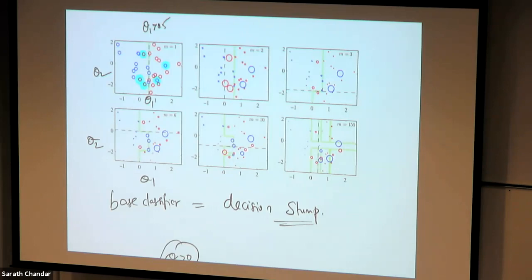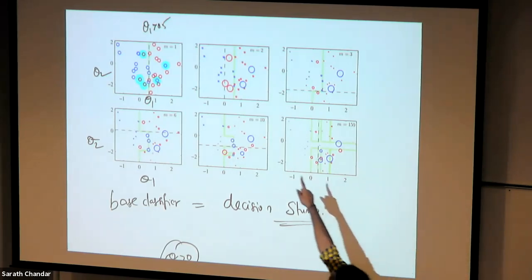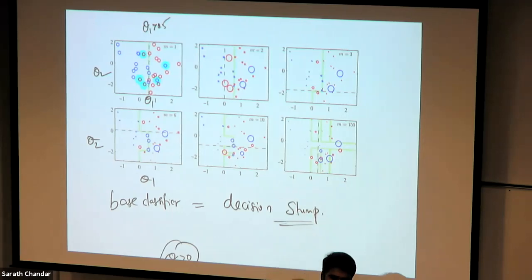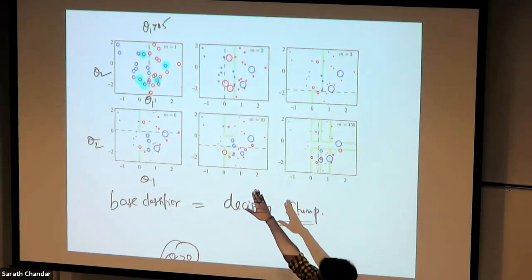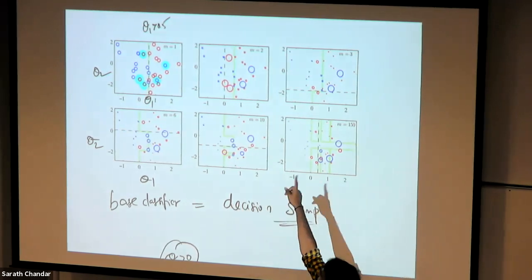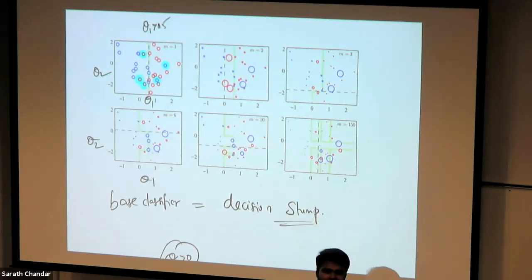Now, you can see that when m is equal to 2, all these 5 data points are magnified, which means their weights are increased. We did not touch the weights of the others. However, when you compare them relatively, you can see that the others have smaller weight and these have larger weight, right? So now I'm going to train a new classifier, which is trained based on the weighted error function where the weight is given by this.